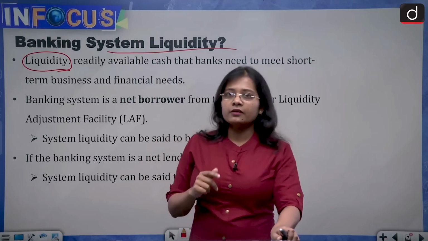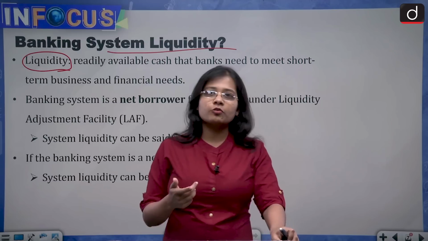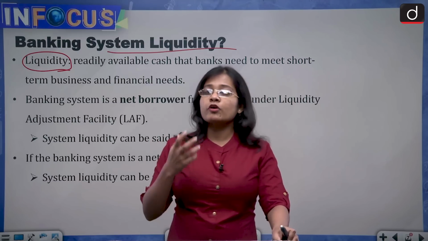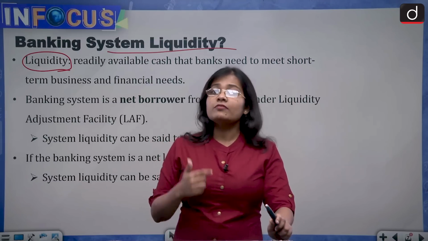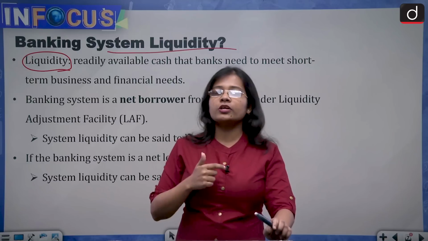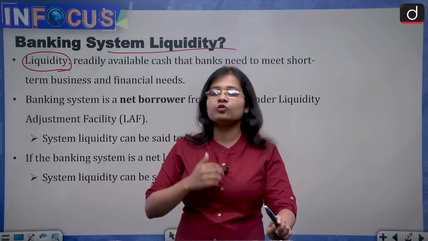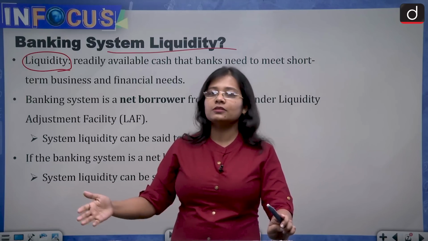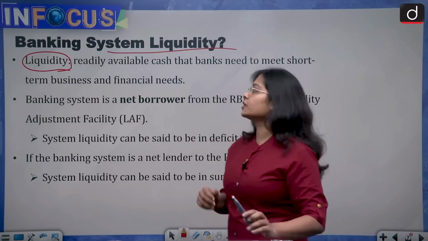On the other hand, there is something which costs 10 rupees, but you have 50 rupees in your pocket. You are able to buy it because you have 40 rupees extra. So you have liquidity. There is a flow of cash in your pocket. You have sufficient rupees with you so that you can buy the thing. That is what is called liquidity.